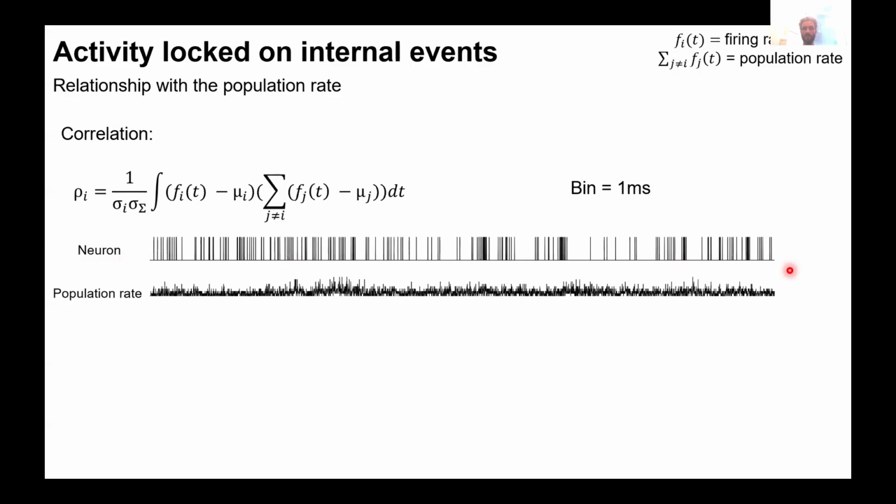So this is your neuron, binned with a 1 millisecond bin, so it's either spikes or not. And this is the population rate. I'm going to show you here, for many different neurons, the histogram of the value of the correlation between each neuron and the population. You can see that it's very well centered on 0. Most neurons have very low correlation at such a fine time bin.